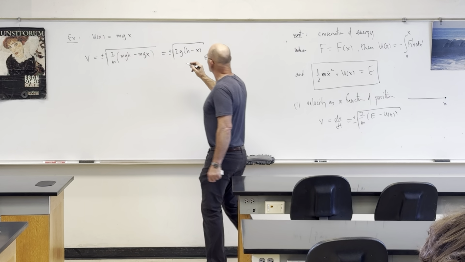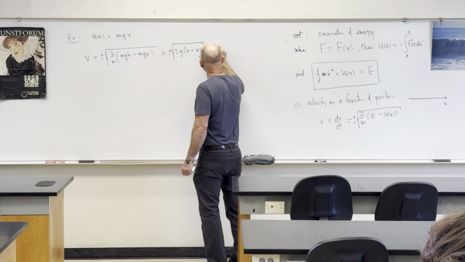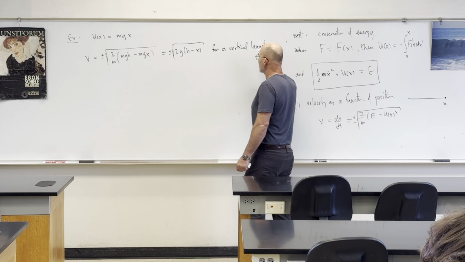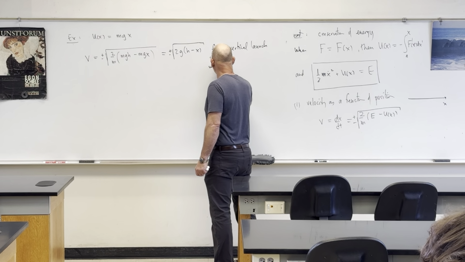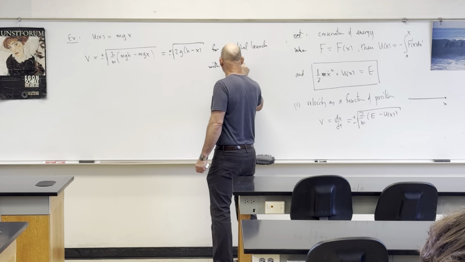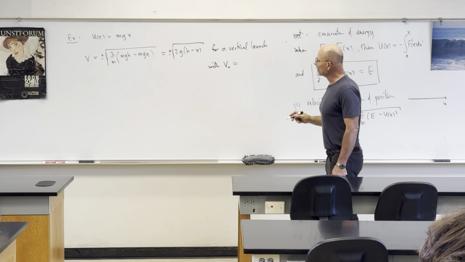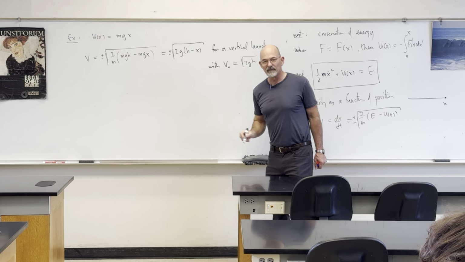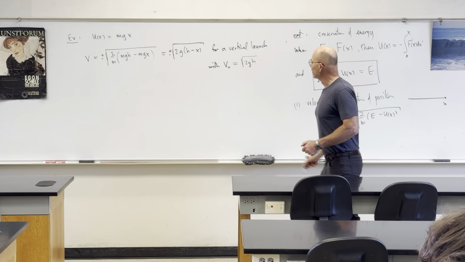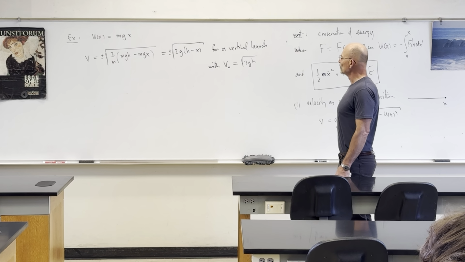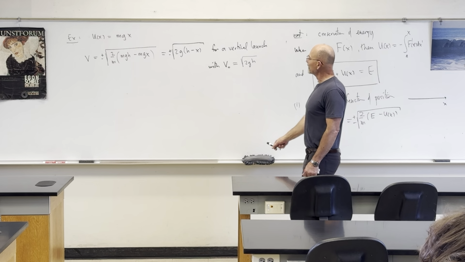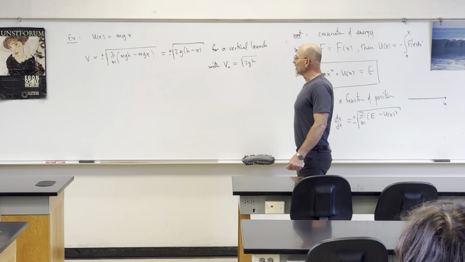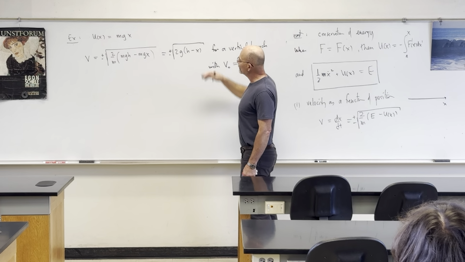Let's call this a vertical launch, with v naught equal to... what is this v naught for the vertical launch? It's root 2gh, something we just had out of the law of free fall the other day. And like I said, plus and minus, as it's headed up and coming back down. When x equals h, it comes to a stop. So that's pretty good. We've got the v of x.